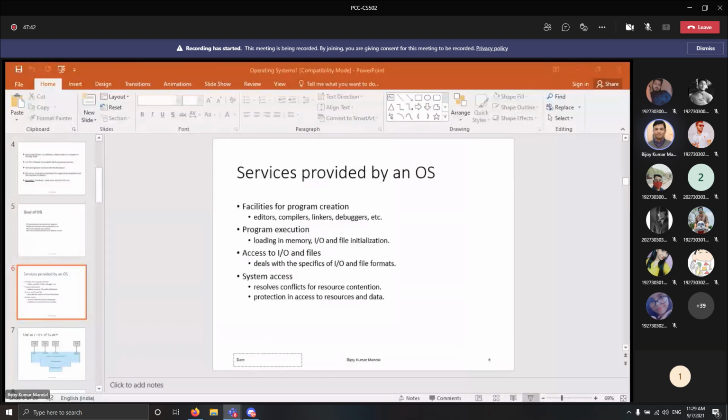Between the computer hardware and the user there is an operating system, which is a set of programs that acts as an interface between the user of the program and the hardware of the system.